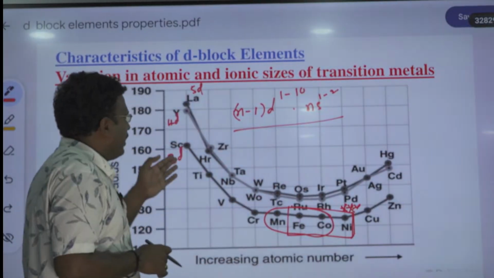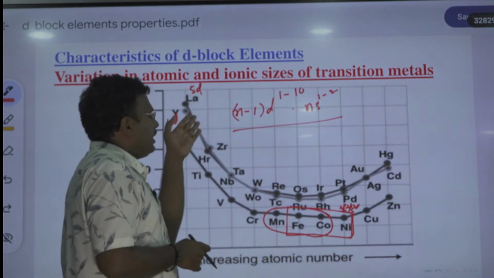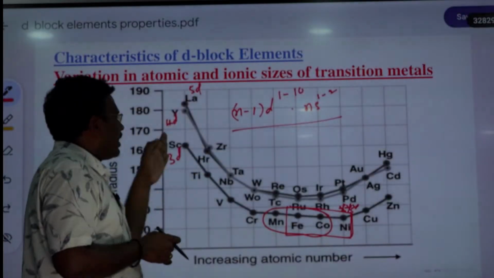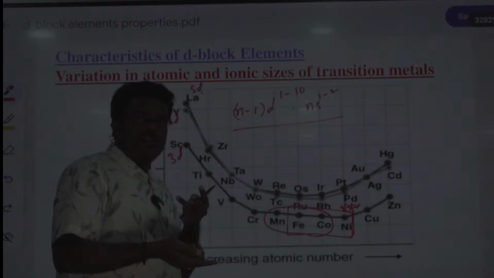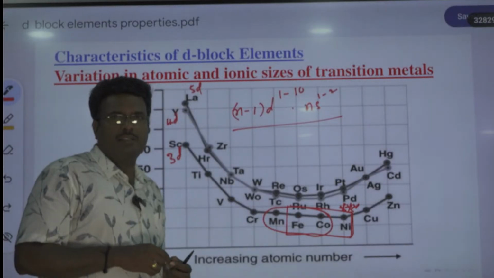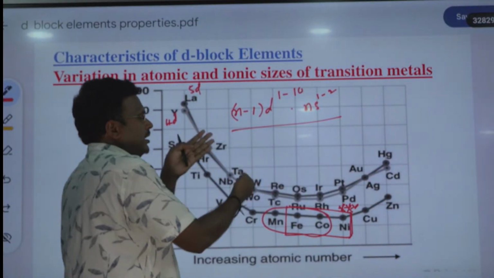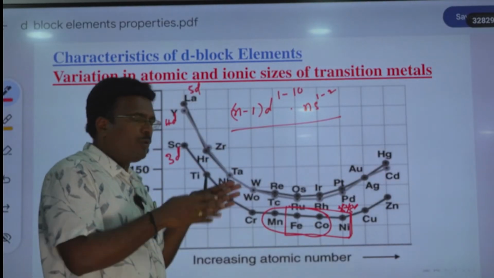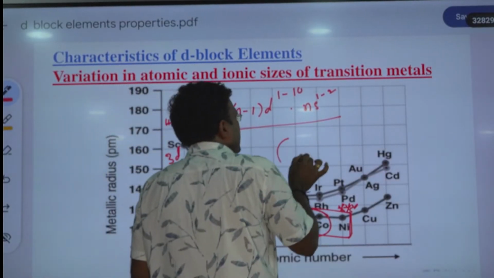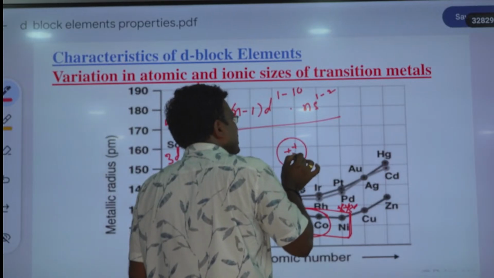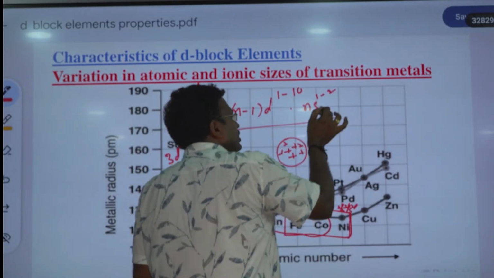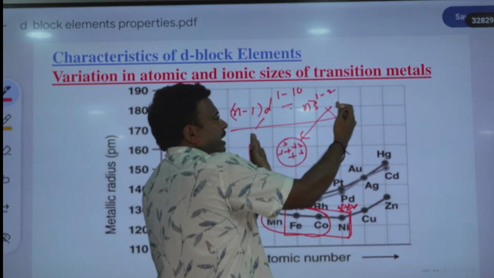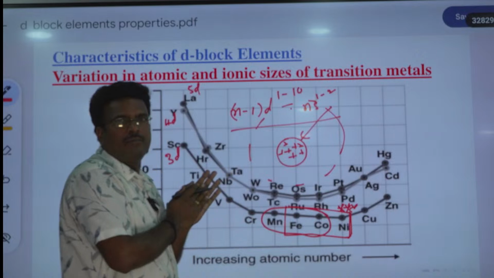So what happened? Whenever we go left to right in the period, the outermost electrons enter the d orbitals only, right? Whenever these electrons enter the d orbitals, the nuclear charge increases. So the outermost electrons are attracted, right? That's why the size of the atom is reduced.